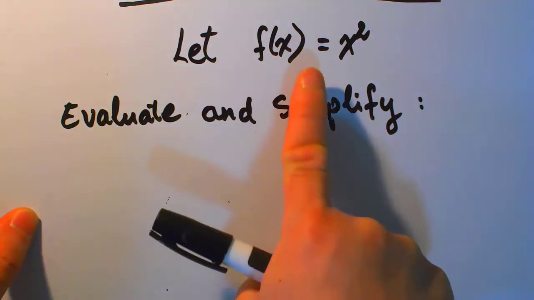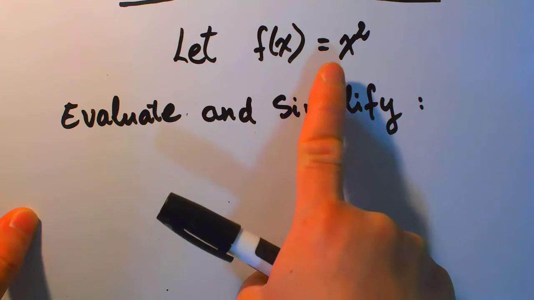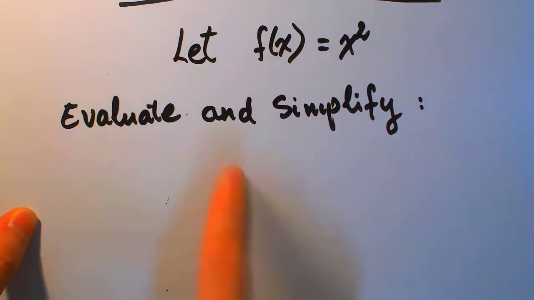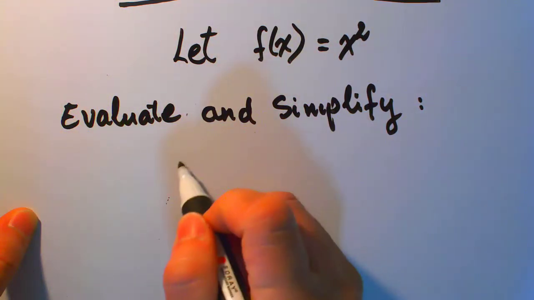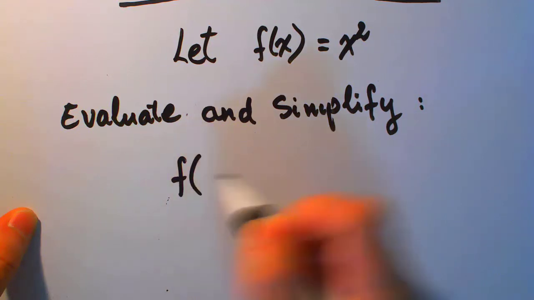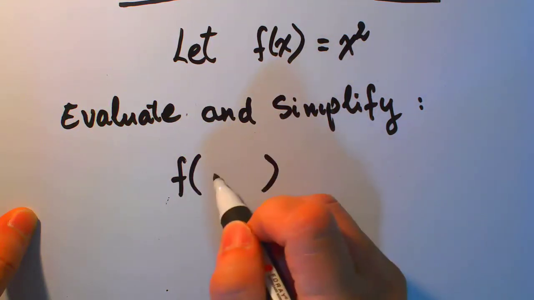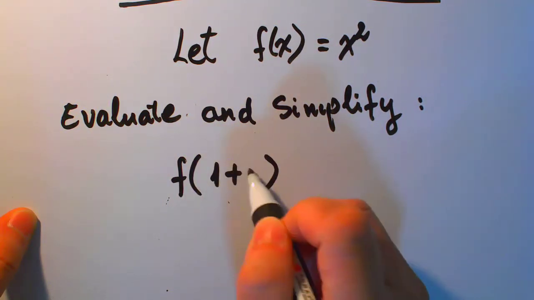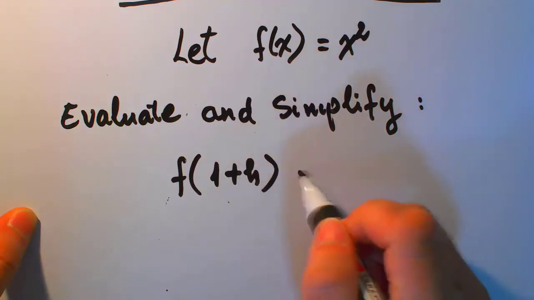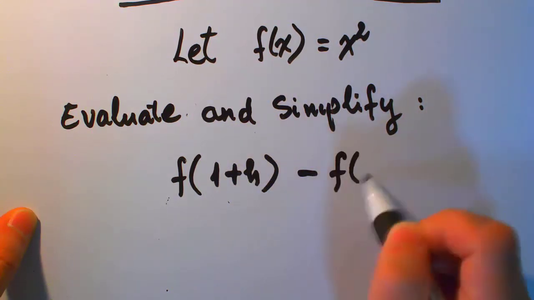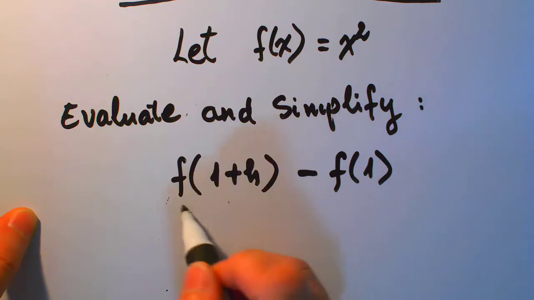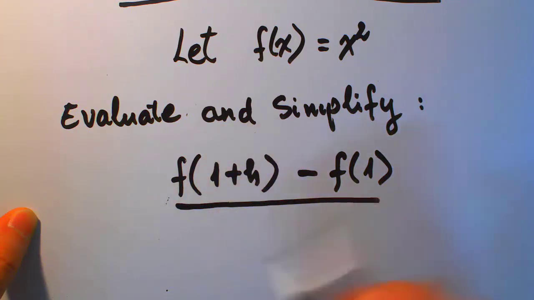So with your given function f of x equals x squared, let's evaluate and simplify f of 1 plus h minus f of 1, divided by h.